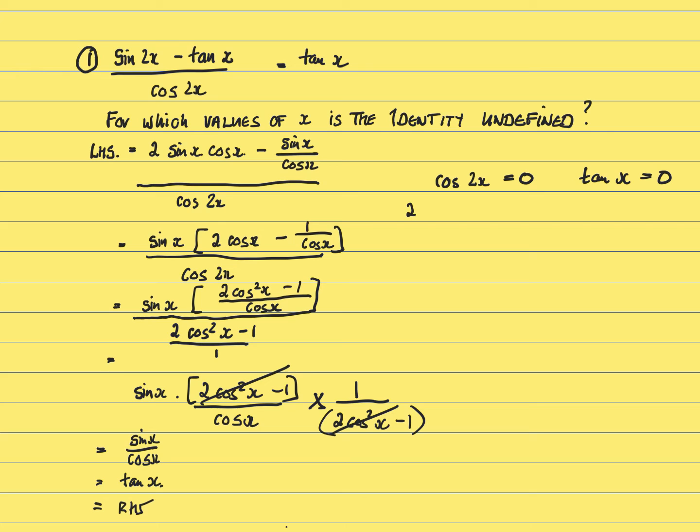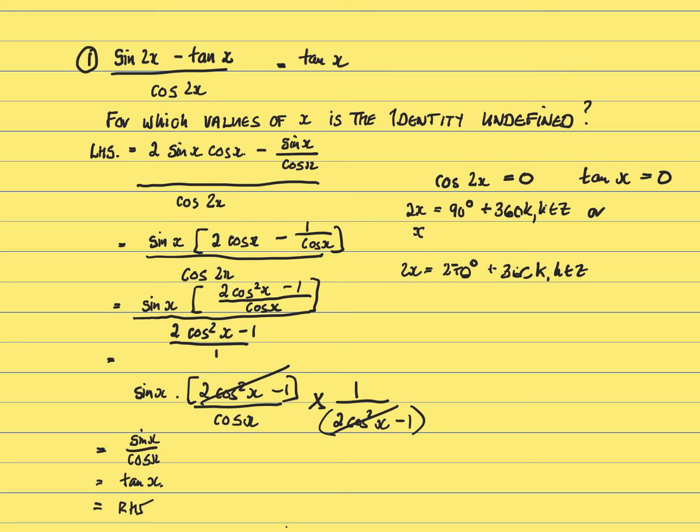So here I'm going to say 2x is equal to 90 degrees plus 360k, where k is an element of integers, or 2x is equal to 270 degrees plus 360k, where k is an element of integers.